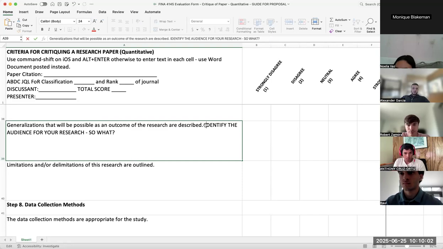How does it generalize? Maybe you're doing something on Puerto Rico, or how does it generalize to other states, or to stock markets around the world, or to the economy? Who is the audience for this research? Who will it impact? Who cares? Okay, that has to be mentioned.